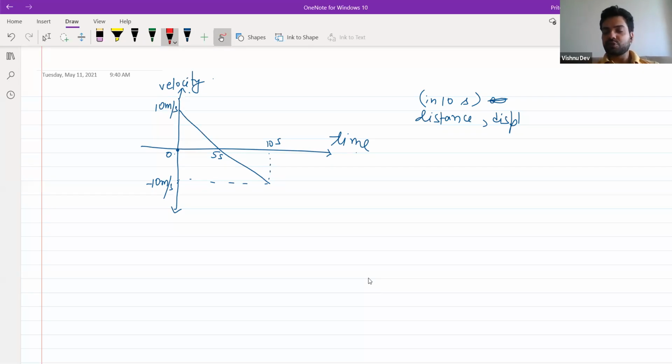Okay, most of you, I'm getting displacement as 0. And Varsha, check with the calculation once again for distance.